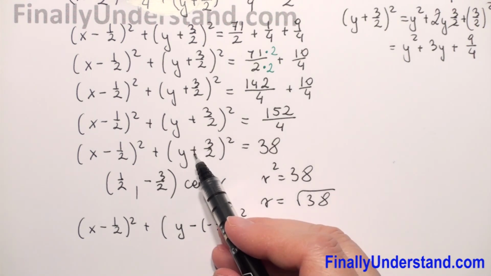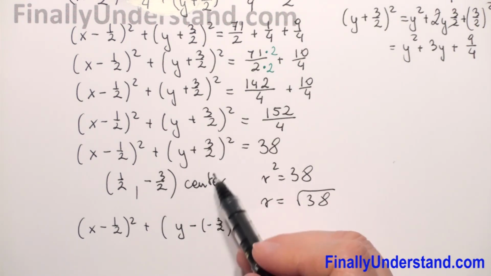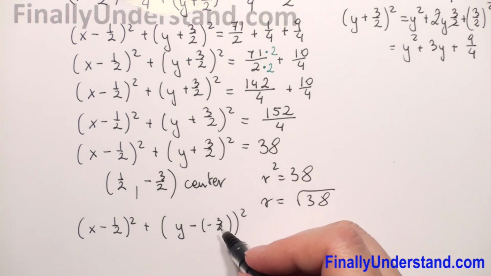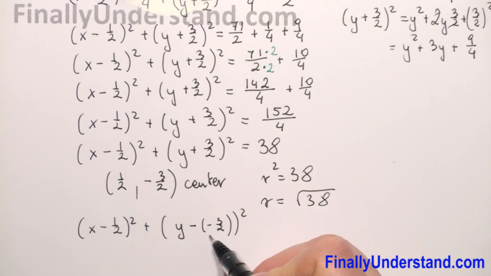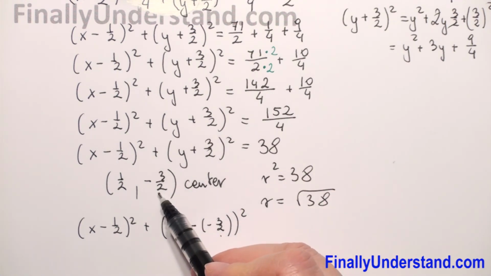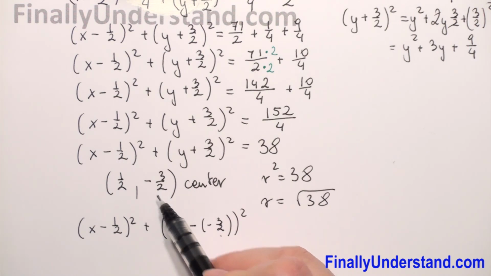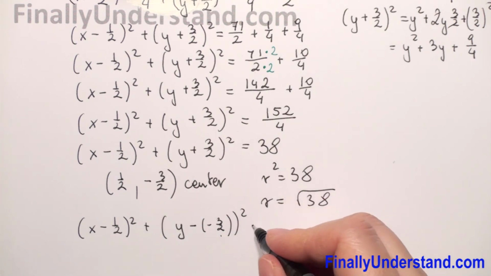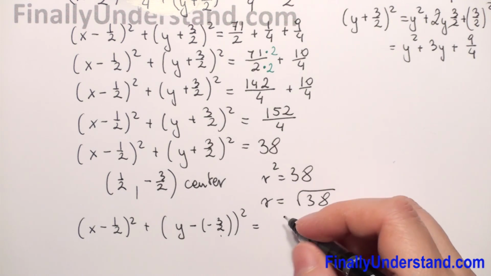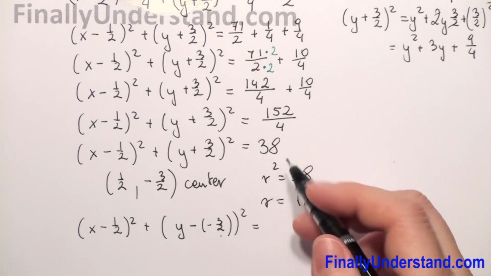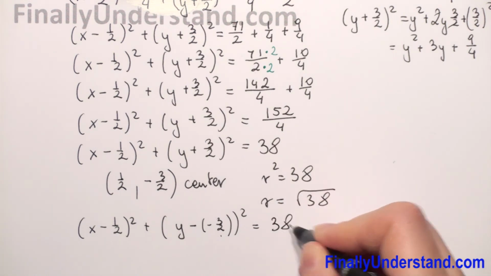Negative and negative give me positive, so still is the same. I didn't change anything, but now you see exactly the value of second coordinate of our center is negative 3/2, and we have on the right side 38.